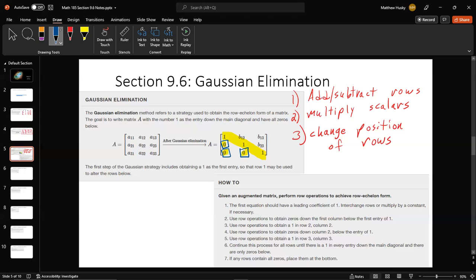So the goal is to have that be a zero, then make that a zero, and finally make this one right here a zero. Getting those to equal zero first is the hard part. That's what you want to start with doing. You can then use scalars to basically divide to make any of the main diagonal values a 1. You can usually do that afterwards, and that's not too challenging. Getting them to equal 0 is the real trick to this.